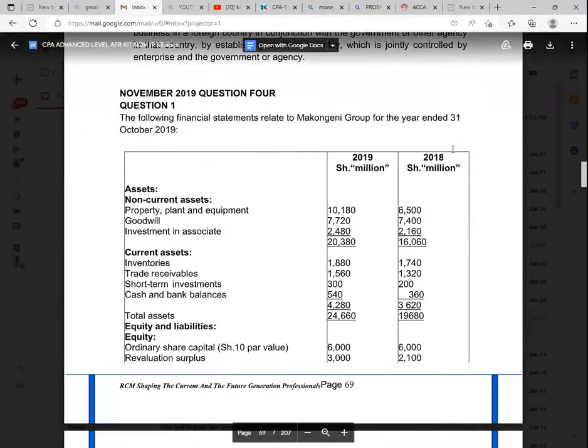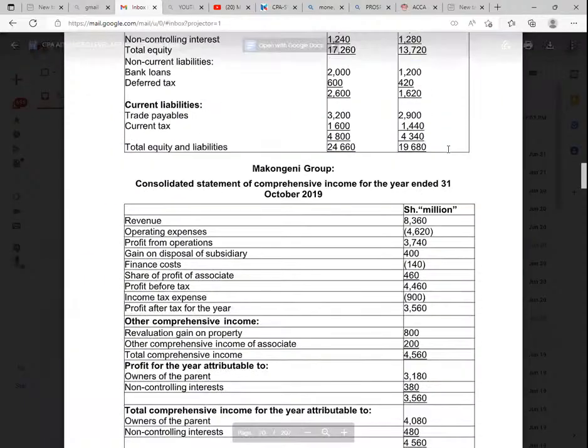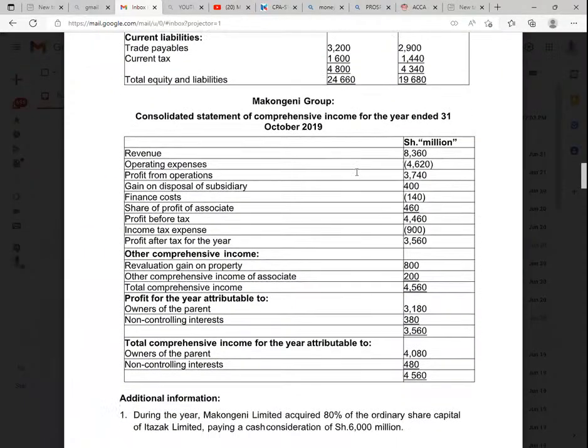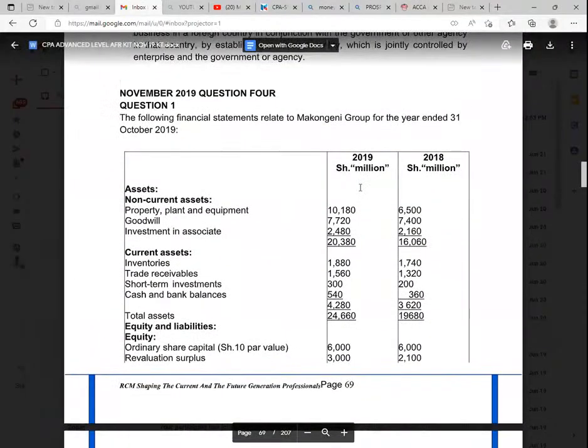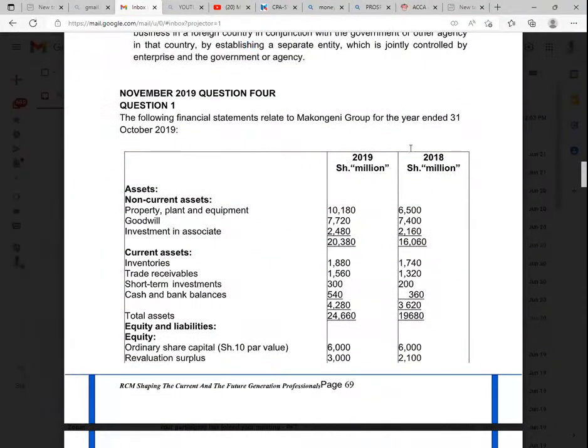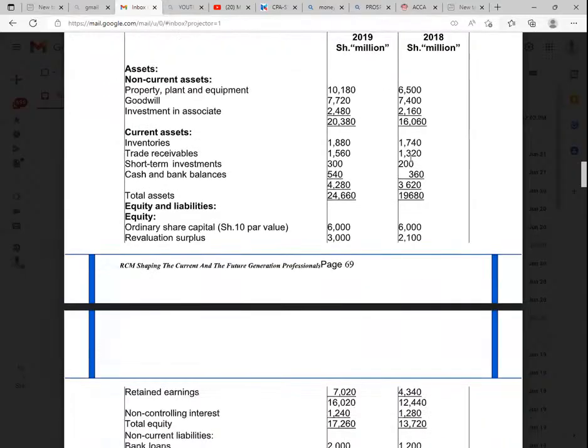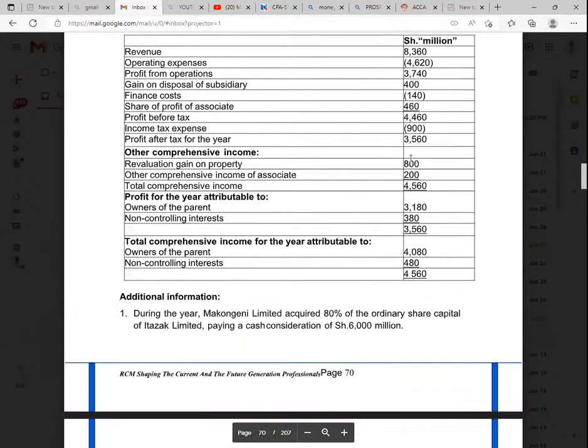But for the income statement, you only need the income statement for the current year. So balance sheet, statement of financial position, 2 of them, current year and last year. So what are they telling me, ladies and gentlemen?